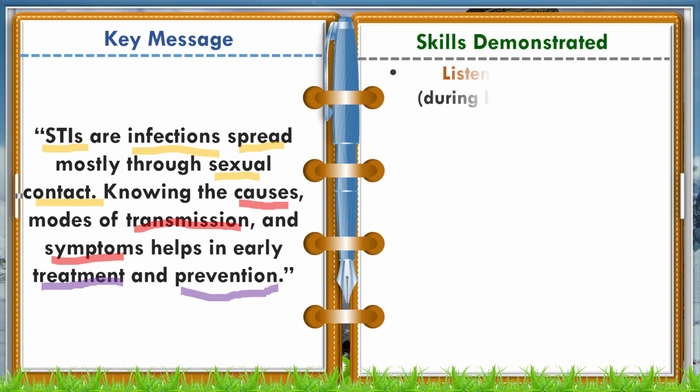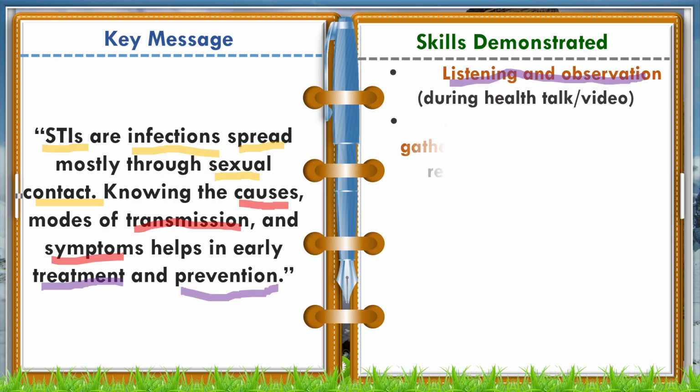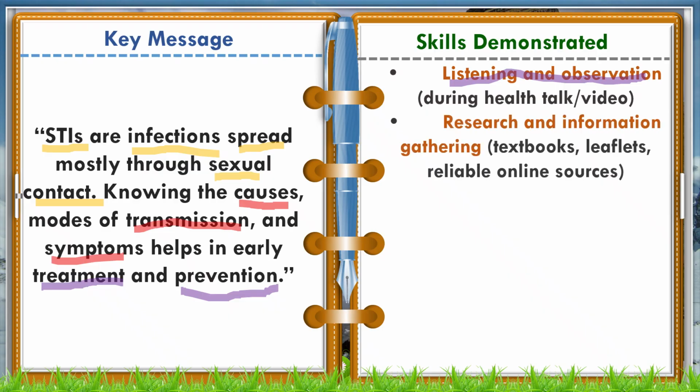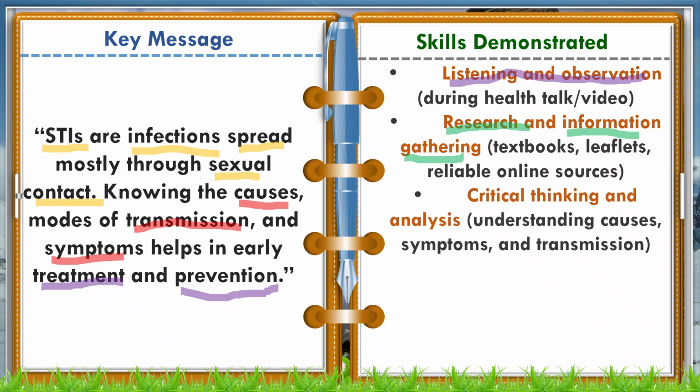Skills demonstrated here. There is the listening and observation skill, which is acquired during the health talk or video observation. Then we have the research and information gathering skill. Through reading of different books, leaflets, and reliable online sources, we acquire research and information gathering skill.